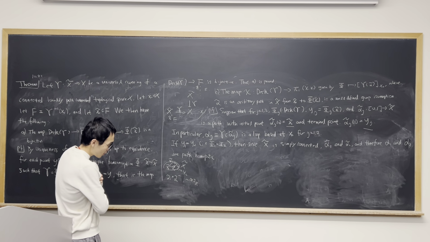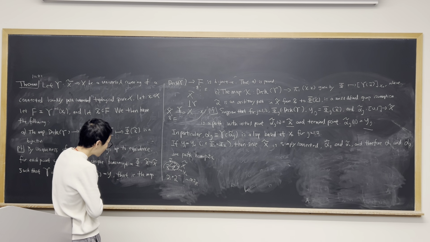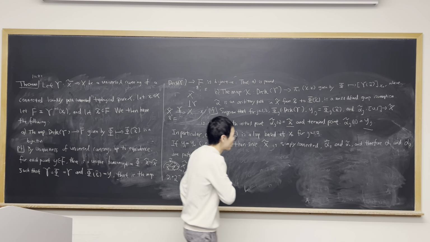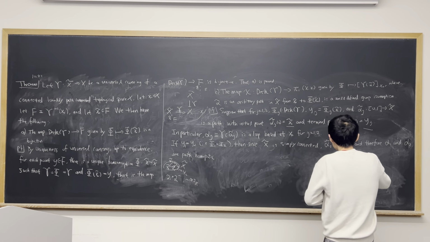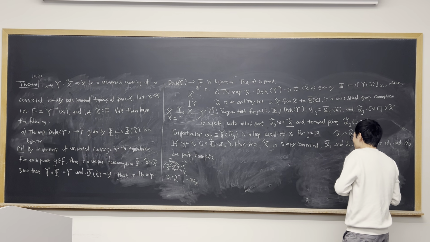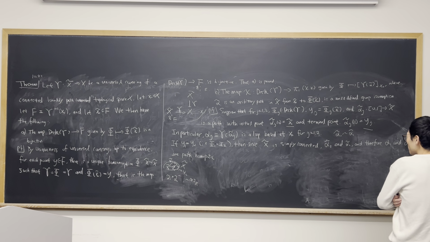Okay, let's just continue. I believe that alpha 1 and alpha 2 are homotopic, and therefore alpha 1 and alpha 2 are path homotopic.